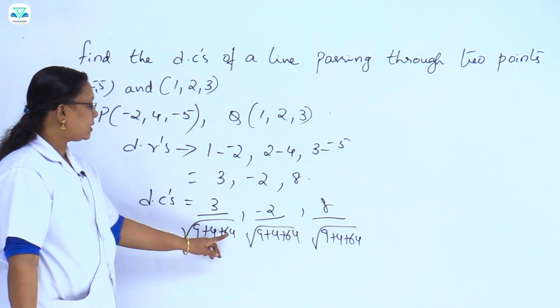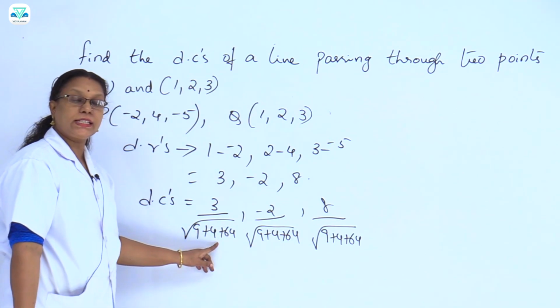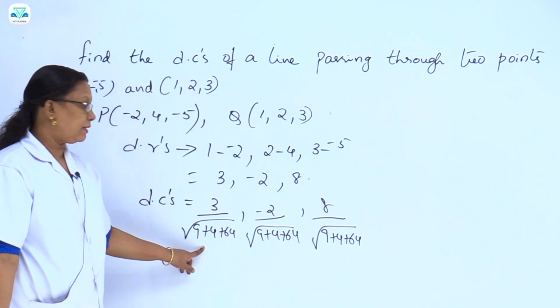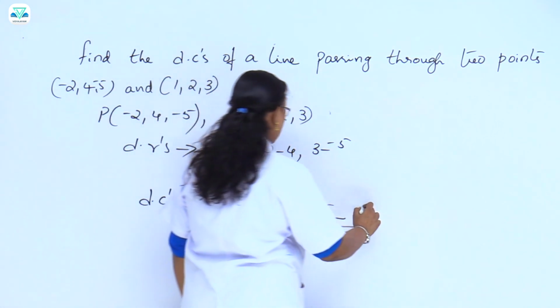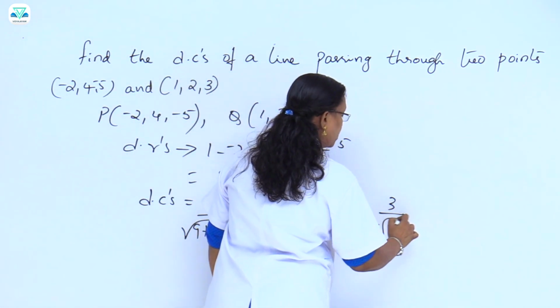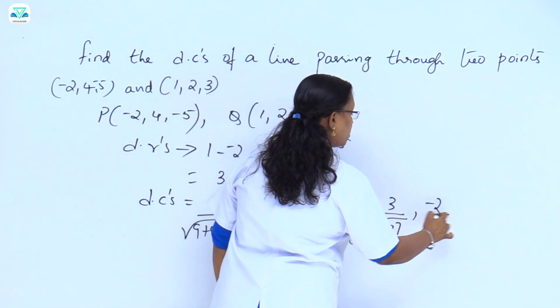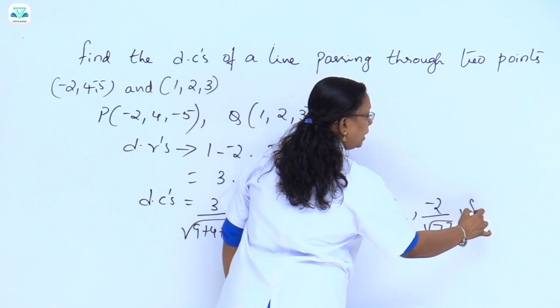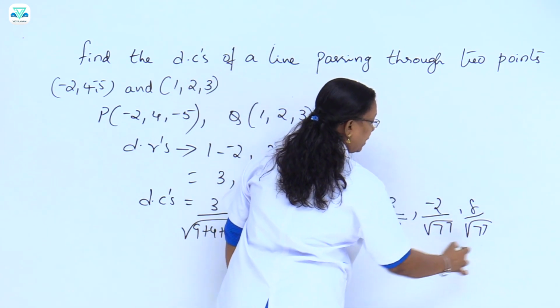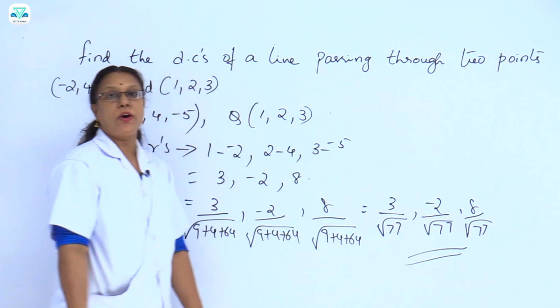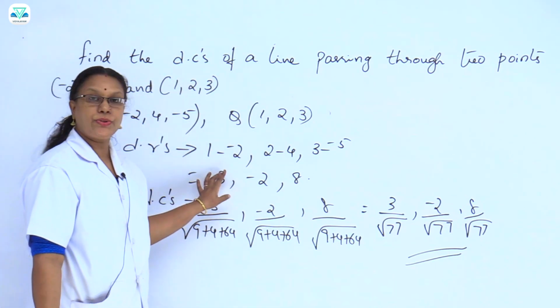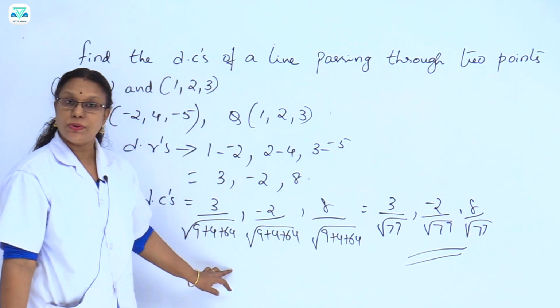Now 64 plus 4 is 68, 68 plus 9 is 77. So the direction cosines are 3 by root 77, minus 2 by root 77, 8 by root 77. So given 2 points, we can find the direction ratios as well as its direction cosines.